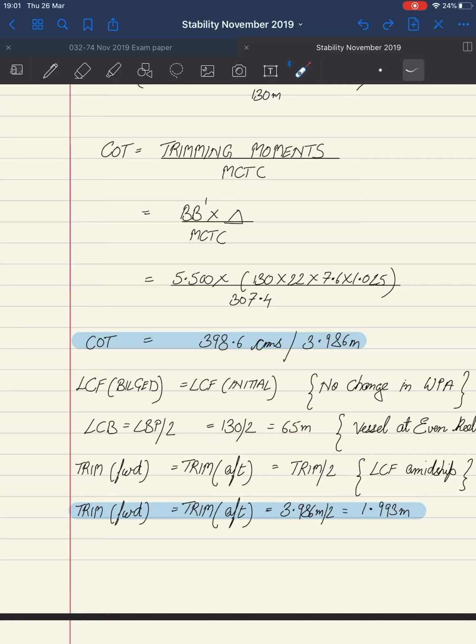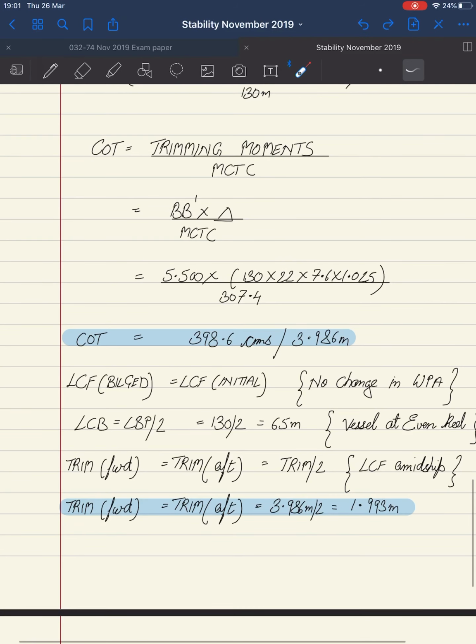And this is because the vessel is on even keel. So if the vessel is on even keel, like I have explained before, the LCB will be equal to LCG, and they will be exactly at the same point.